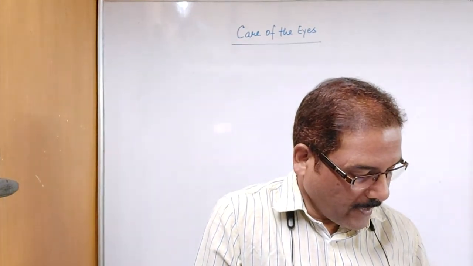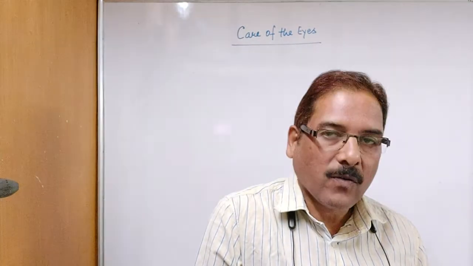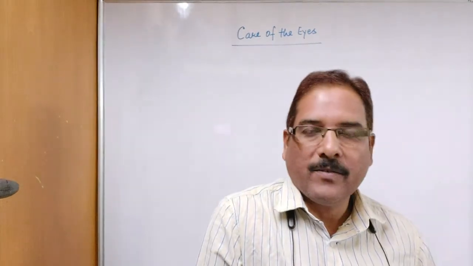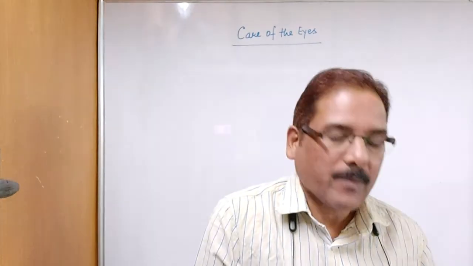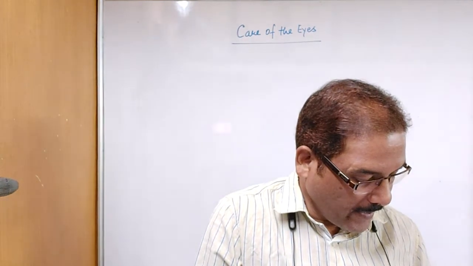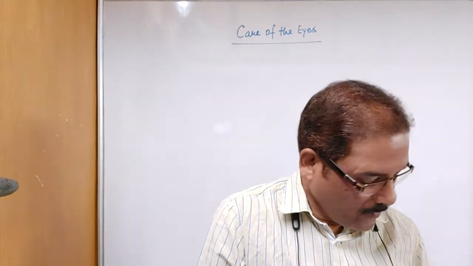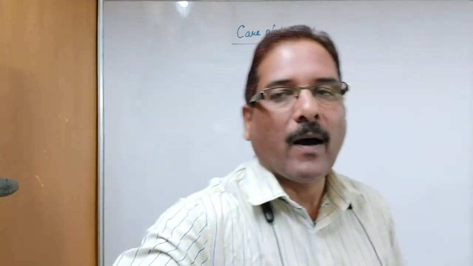Wash your eyes frequently with clean water. Always read at normal distance for vision. And as we have discussed today, the normal distance for vision, the minimum distance, is 25 centimeter. Do not read by bringing the book too close to your eyes or keeping it too far.